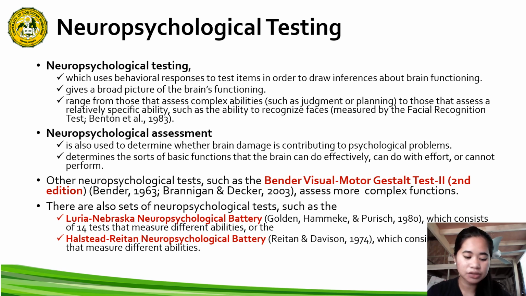The battery measures specific neuropsychological functioning in several areas, including motor skills, language abilities, intellectual abilities, and other skills. The Luria-Nebraska consists of 14 tests to measure different abilities, and the Halstead consists of 10 tests to measure different abilities.